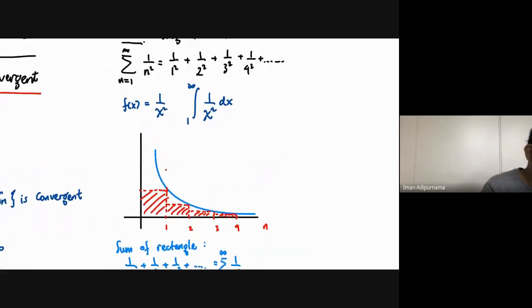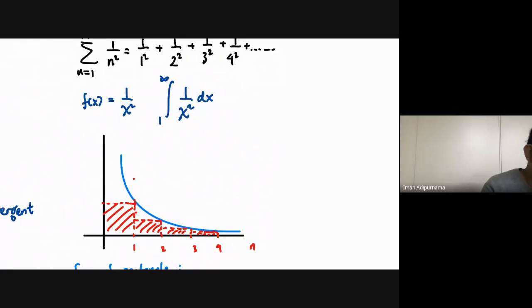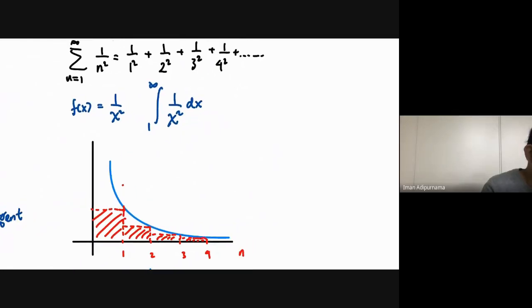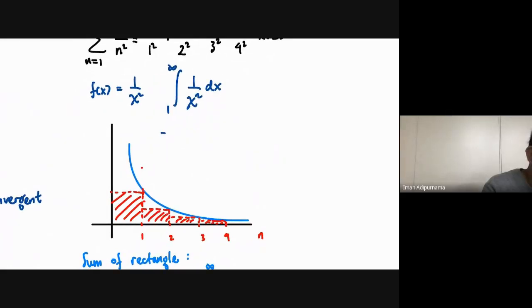Okay, so remember from calculus one, the improper integral. So we can use the limit, right? And then maybe using the other variables.